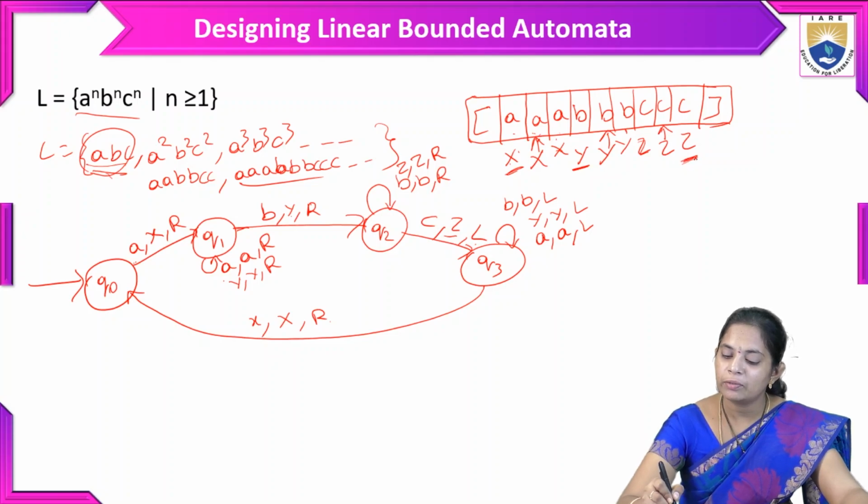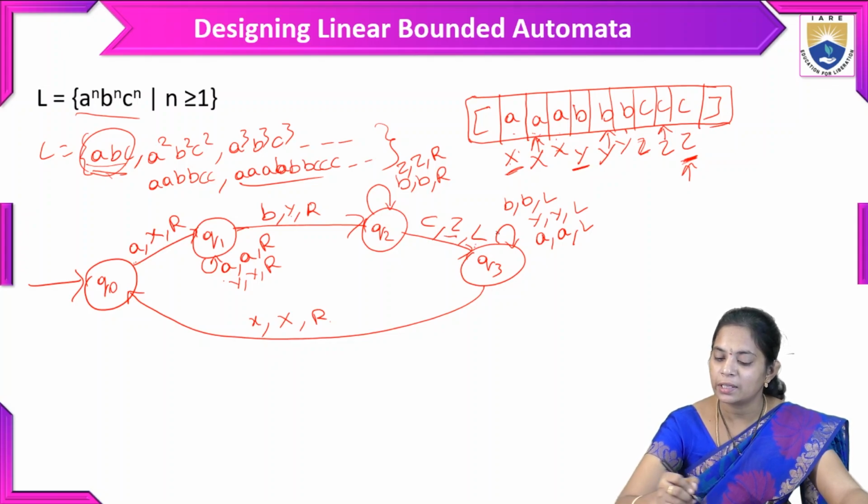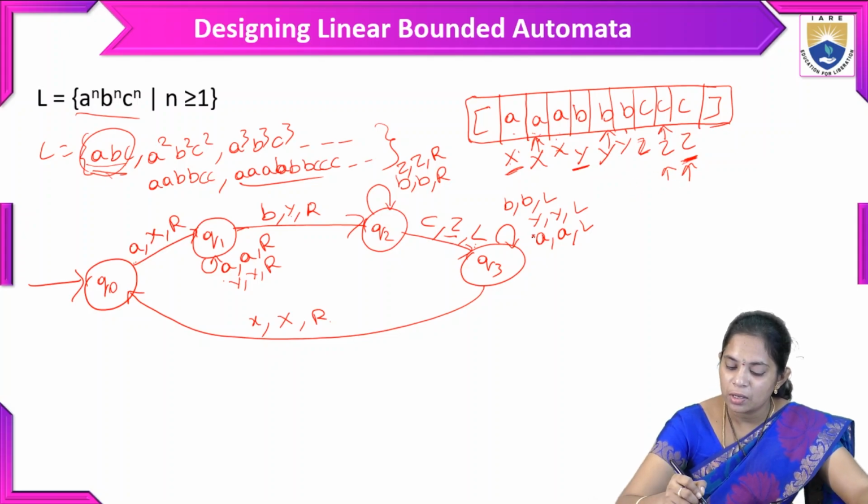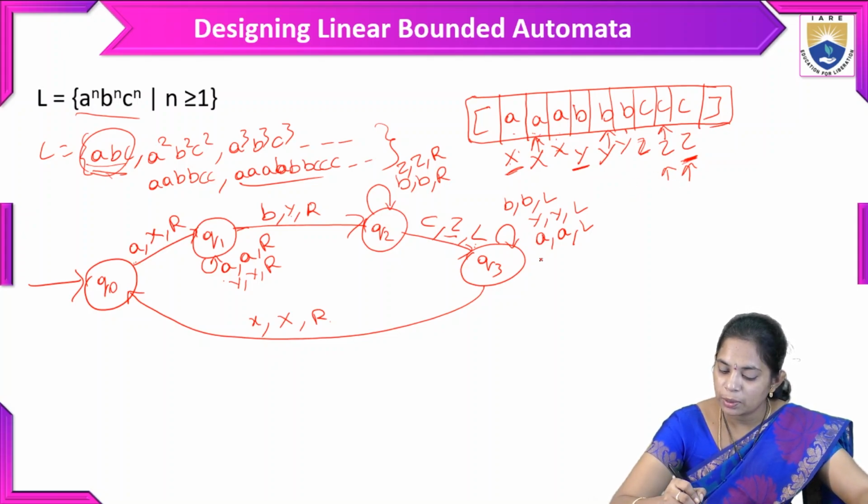So finally here we are in this stage. So C is replaced with Z and move to the left direction. So here I am, a Z is there. So here also I need to replace the Z with Z and move to the left direction.